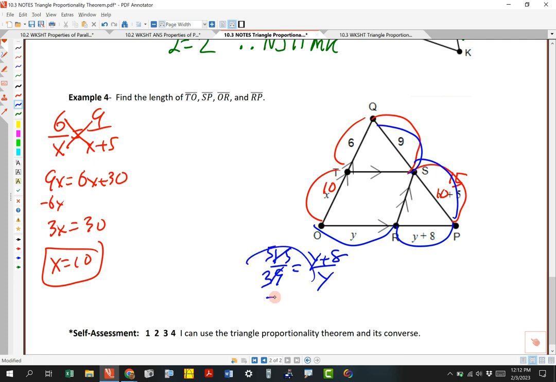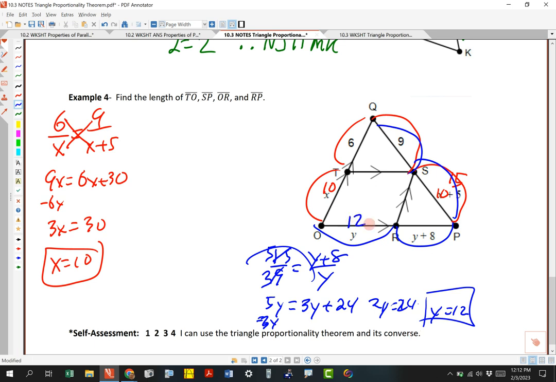So we're going to multiply here, 5y equals 3y plus 24. Ooh, luckily this works out nicely, right? 2y equals 24, so y equals 12. Got a nice number?